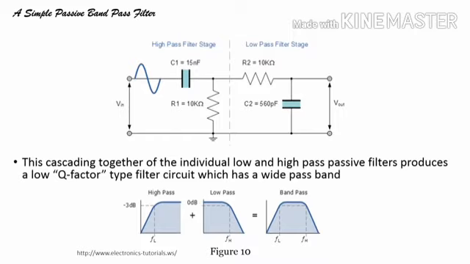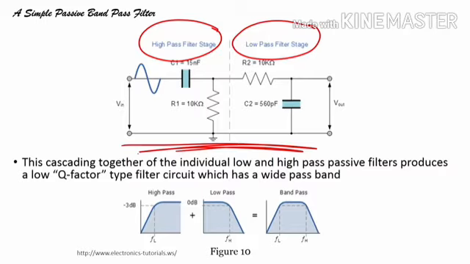How can we design a simple band pass filter? We can use a high pass filter stage and a low pass filter stage, and cascade both stages. You see here we have a capacitor and resistor; this is our high pass stage. I apply a signal to the capacitor, and you know how the high pass filter works. The output of the high pass filter is fed to the low pass filter. In the high pass filter, a band of frequencies will pass above this FL.